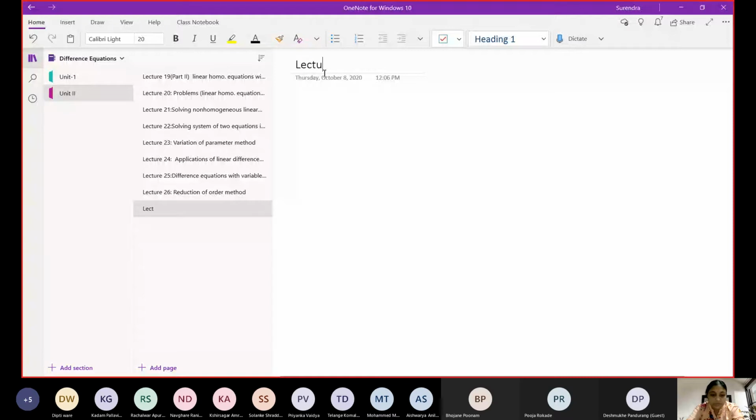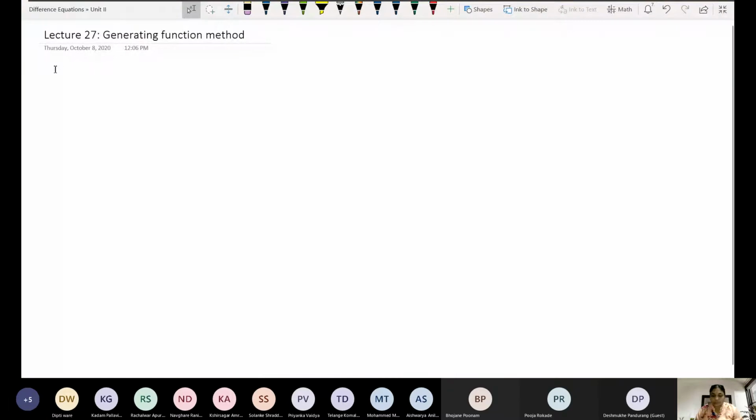Today we are going to see generating function method. So everybody know generating function? If un is a sequence, what is the generating function for it?